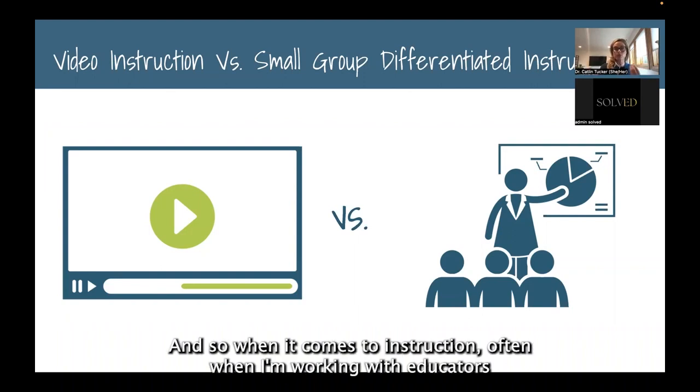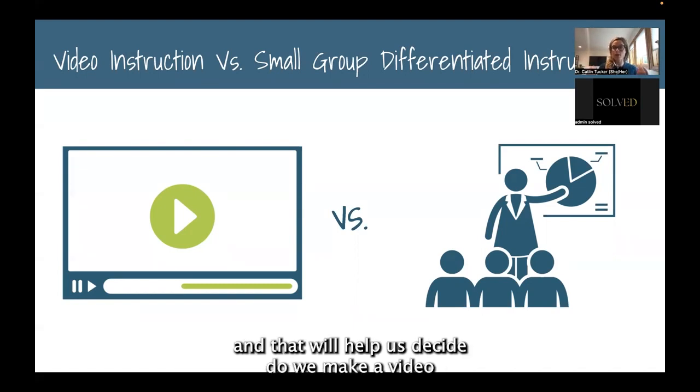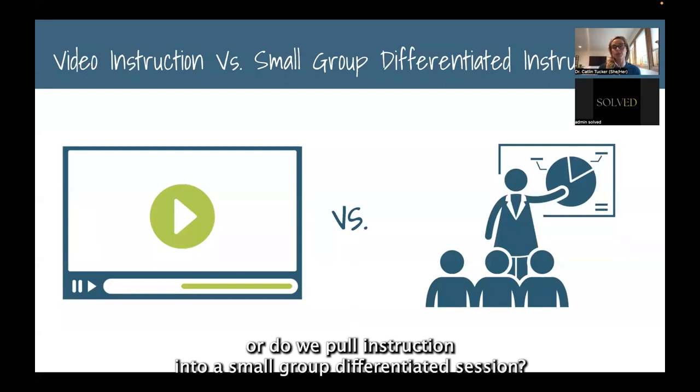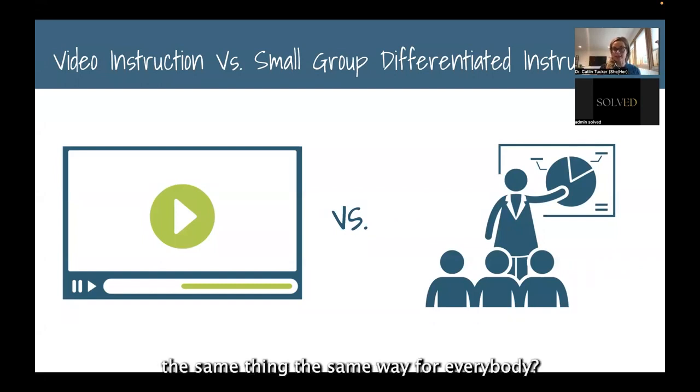And so when it comes to instruction, often when I'm working with educators in a training or a coaching capacity, I will ask them a very simple question, and that will help us decide, do we make a video or do we pull instruction into a small group differentiated session? And the question is this: are you going to say the same thing the same way for everybody?